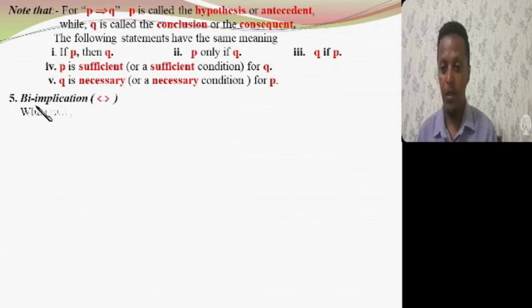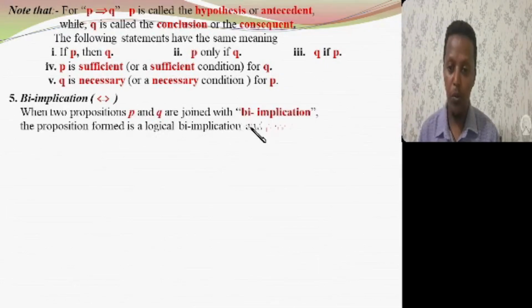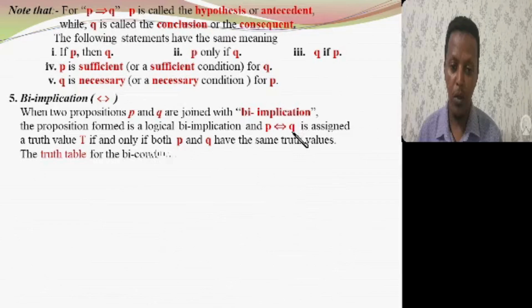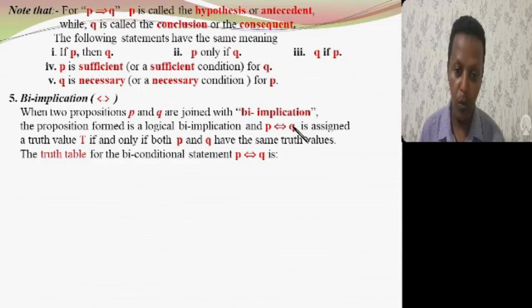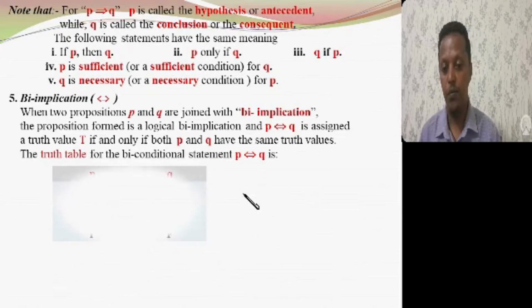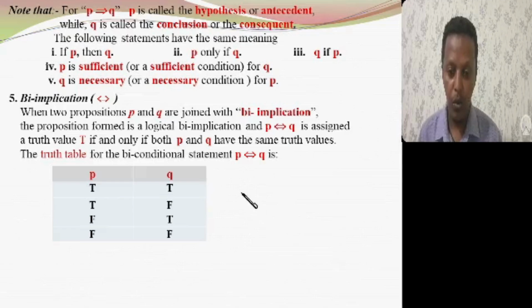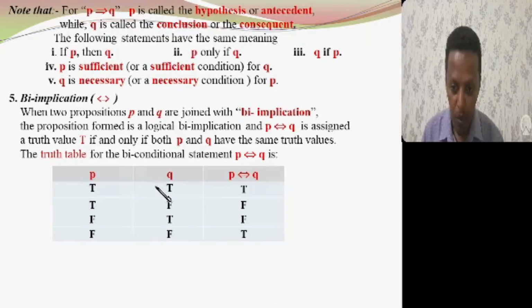Now the fifth, biimplication. When you combine 2 propositions P and Q based on biimplication, a logical biimplication P if and only if Q will be true when both have the same truth value.